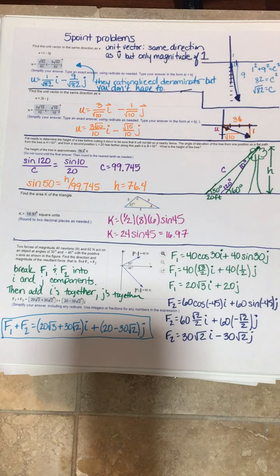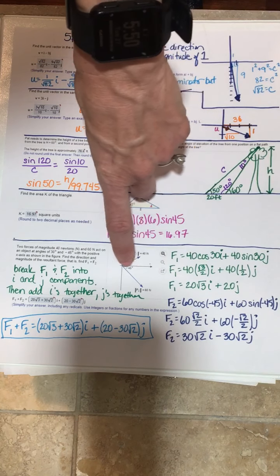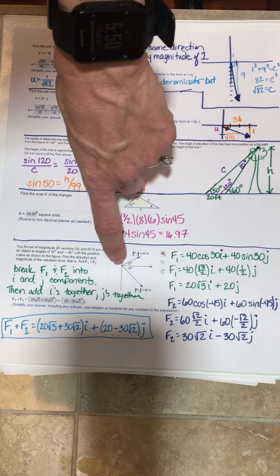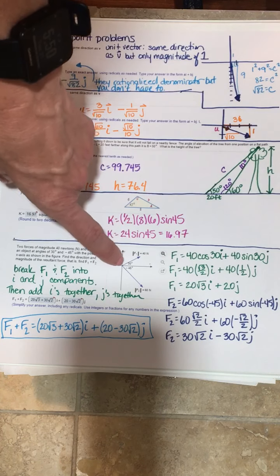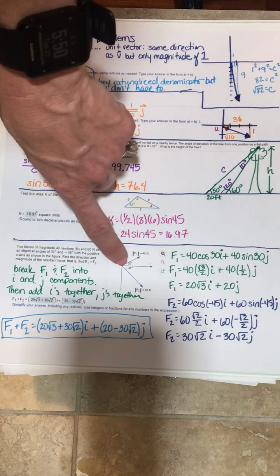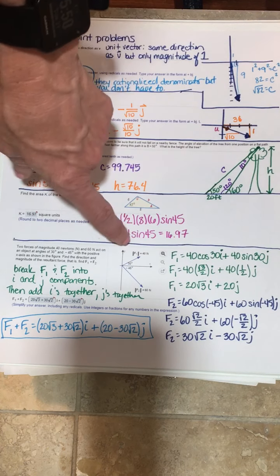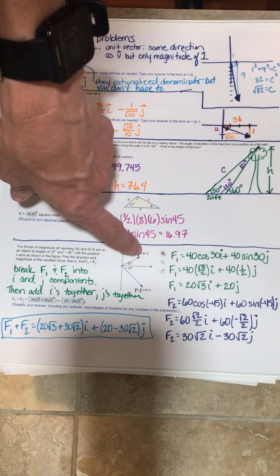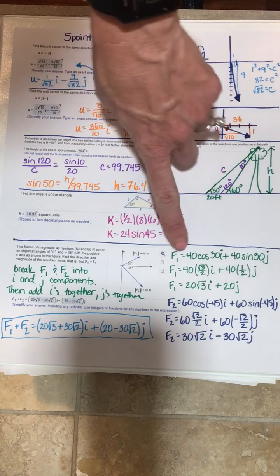So in this case, the I component of the first force is along the x-axis, so that's why we take the 40 times the cosine of 30 to get the I component of this first force, and 40 times the sine of 30 to get the J component of this force.